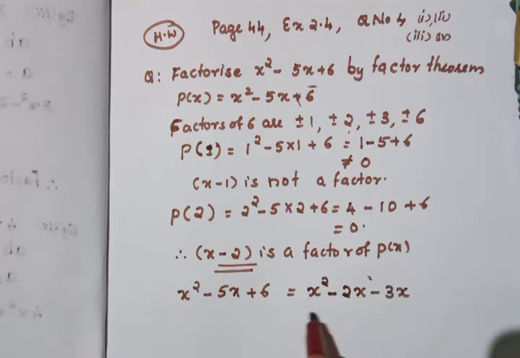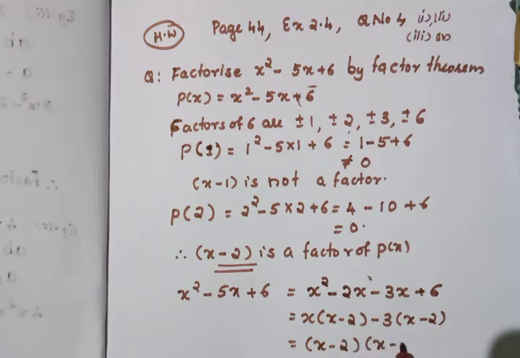Can I write like this? Because what is minus 5? Minus 2 minus 3, correct? Plus 6. Again I'm taking x outside, x minus 2, here minus 3 outside, so I'll get again x minus 2. x minus 2 into x minus 3.